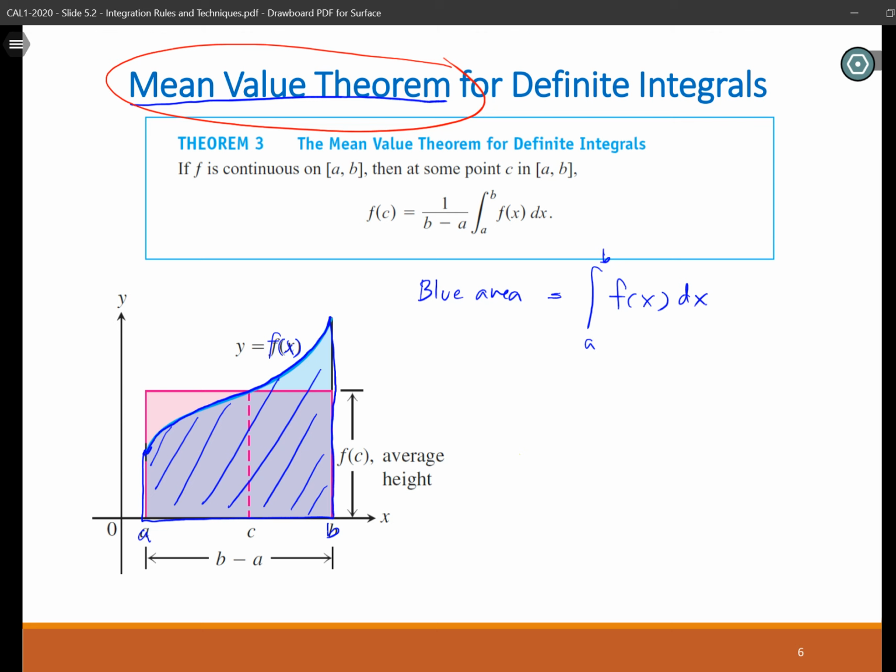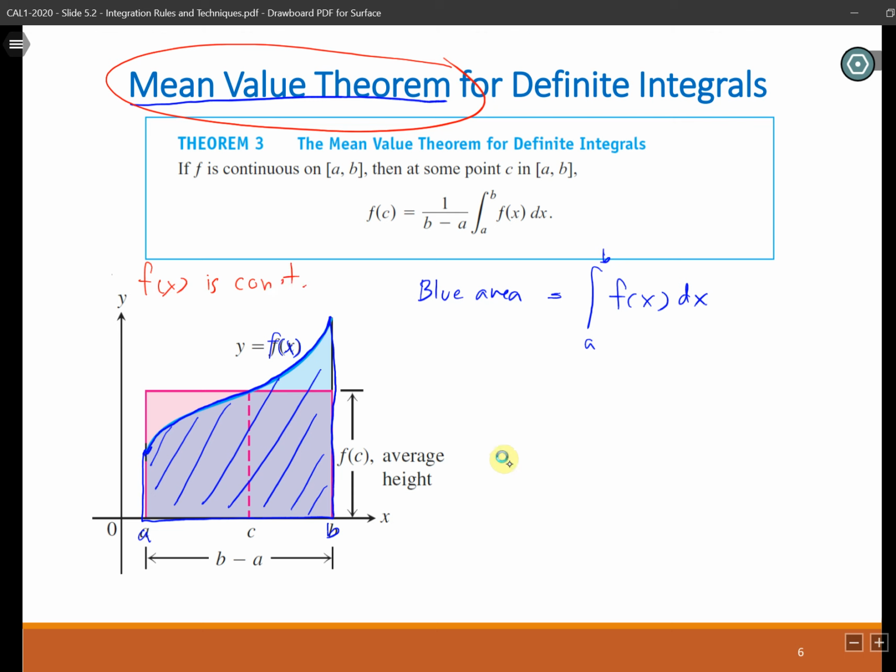And then the mean value theorem says that if you have this area, it's always possible to find a value c between A and B. Oh, by the way, to use the mean value theorem, f(x) has to be continuous. Keep that in mind.